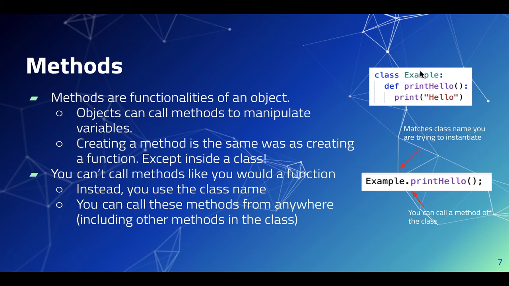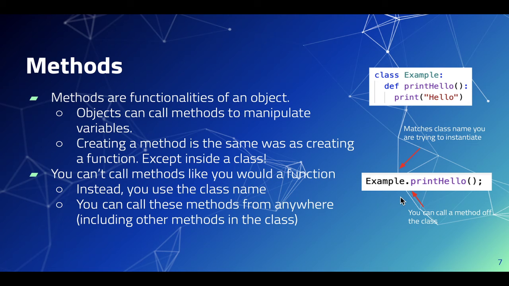So rather than calling it with just print hello, you would call it by doing Example, which is the class name, dot print hello. Essentially, methods are like functions that are associated with an object or a class.